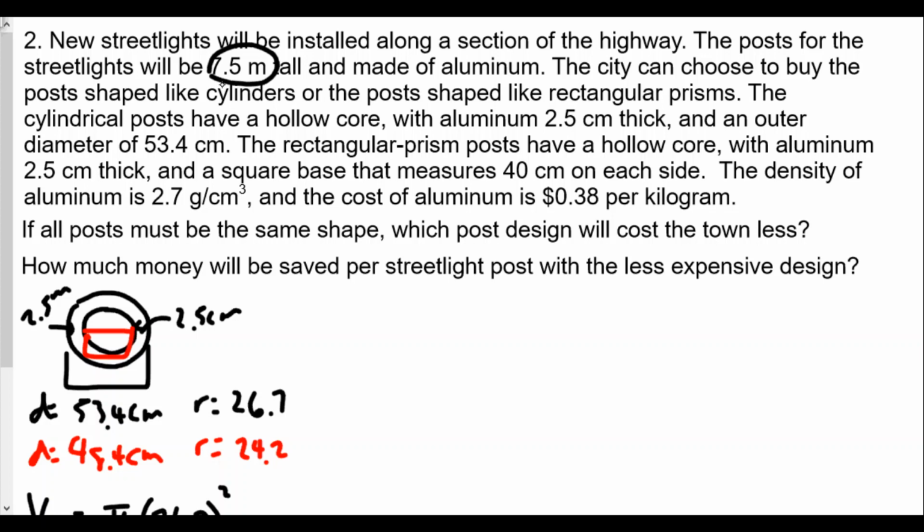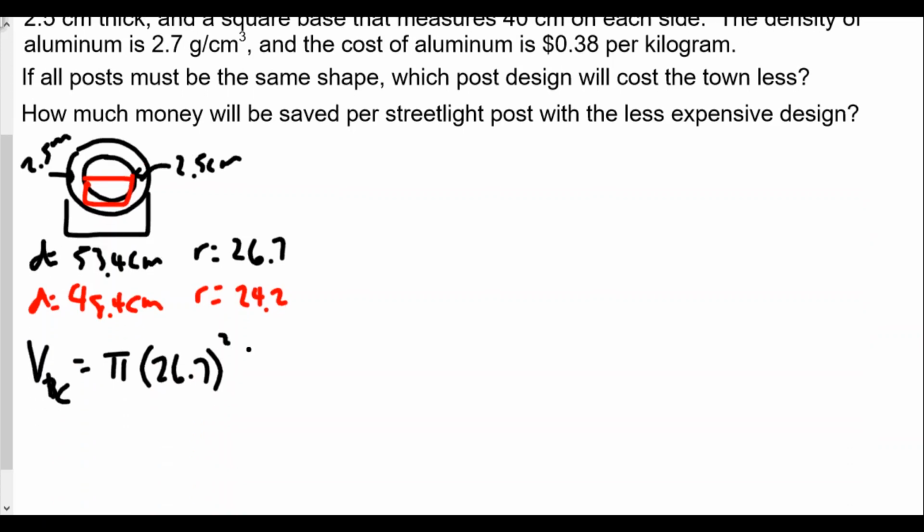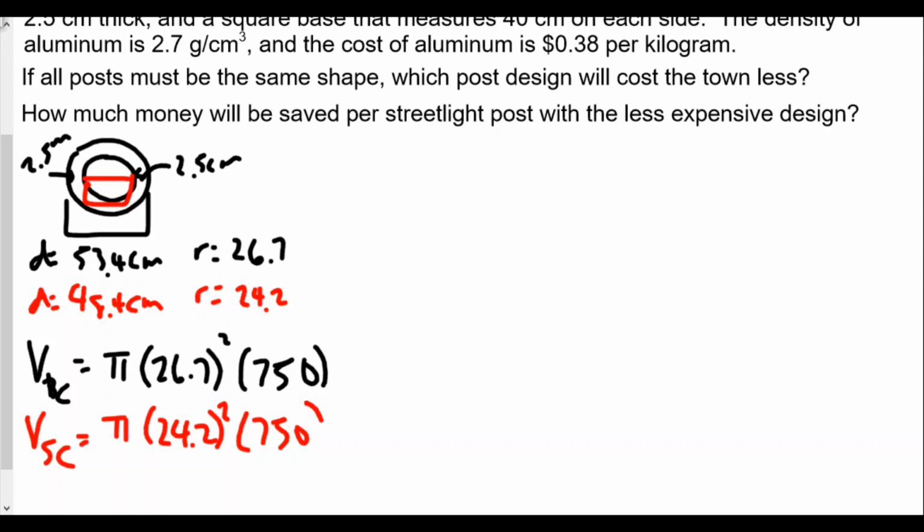And that's a key thing. So there are 100 centimeters in 1 meter. Therefore, our height will be 750 centimeters tall. Now the volume of the small cylinder will be pi times 24.2 squared times 750.